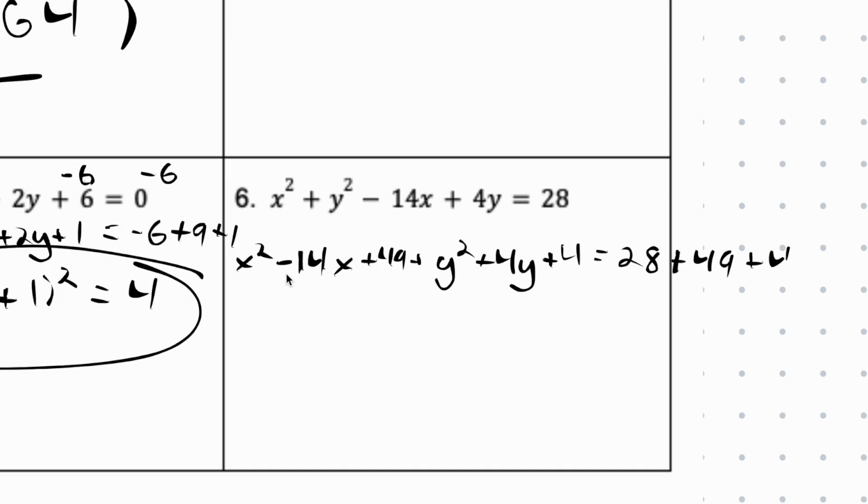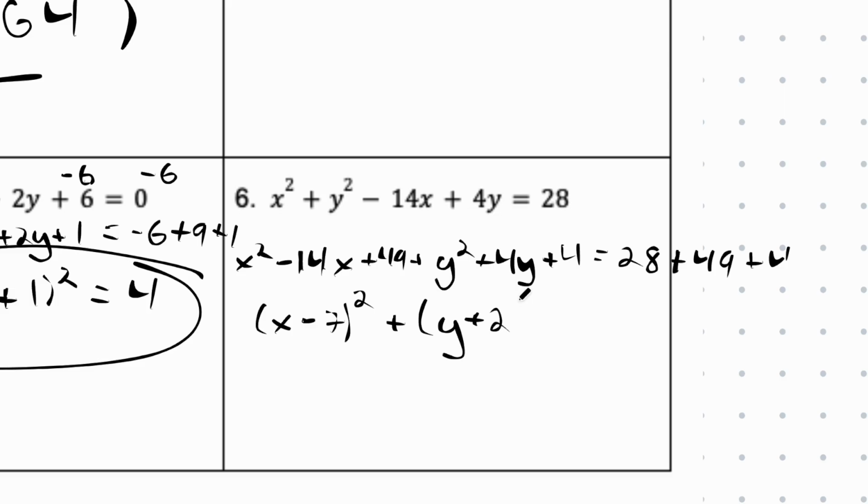In this case, our b value is negative, so it's actually going to look like x minus 7, because our b value of negative 14 over 2 is negative 7, so x plus negative 7 is the same thing as x minus 7, plus y plus b over 2, which is 4 over 2.